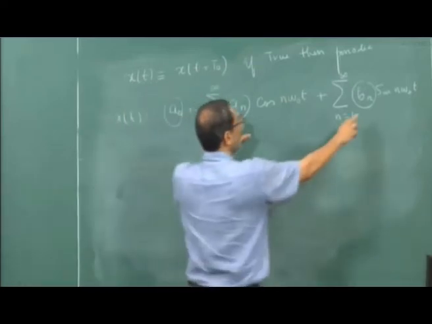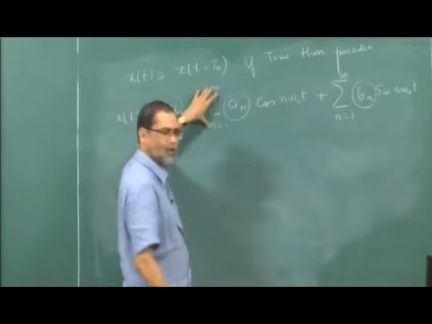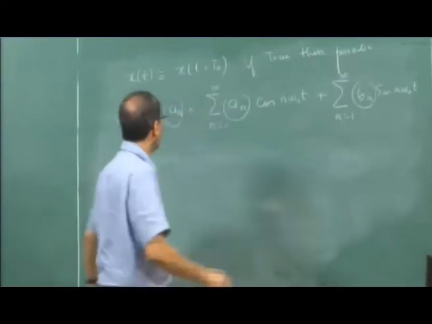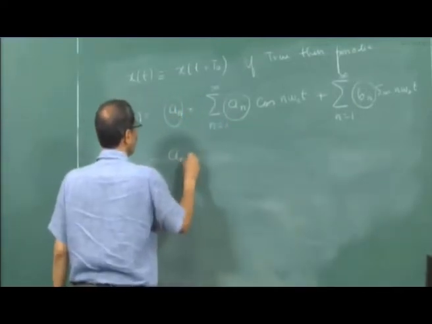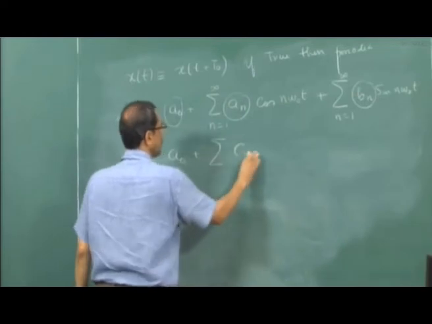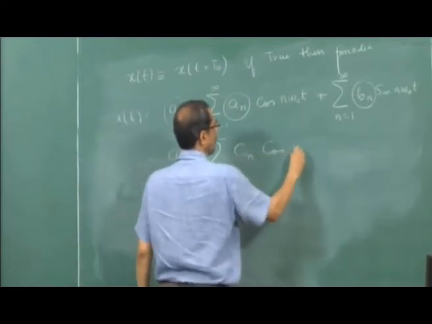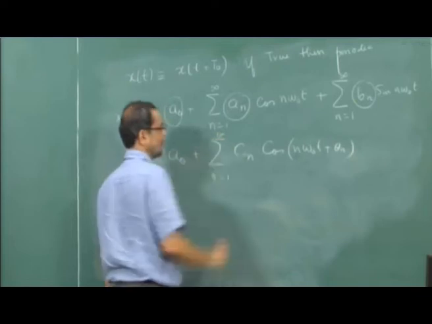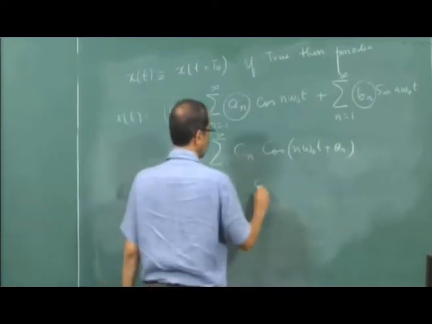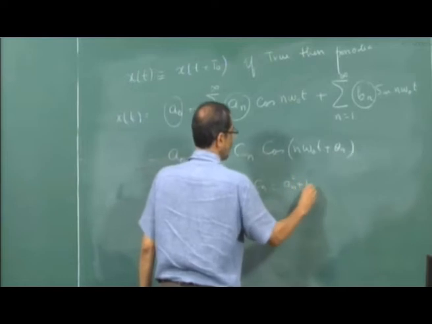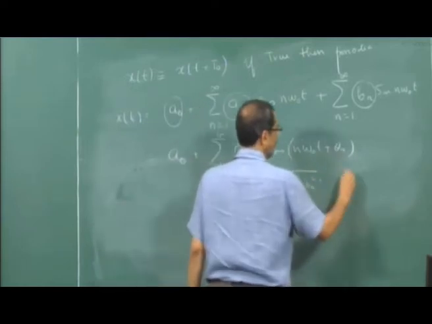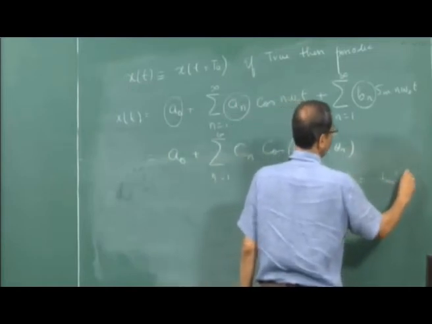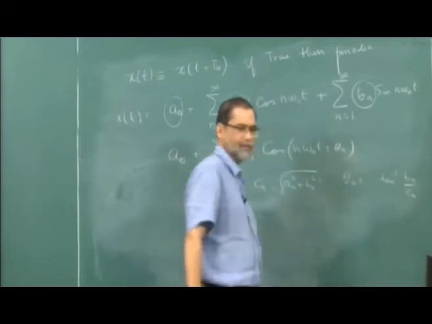So you can combine, this summation goes from 1 to infinity, this summation goes from 1 to infinity. You can collect the terms of the same n and show that this is the summation of Cn cosine(n omega naught t plus theta n). So a slightly more compact expression, where you can show that Cn is the square root of an square plus bn square, and theta n is, I think, minus tan inverse of bn by an, something like this.